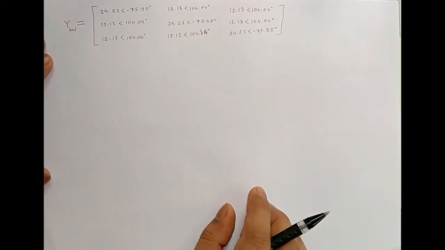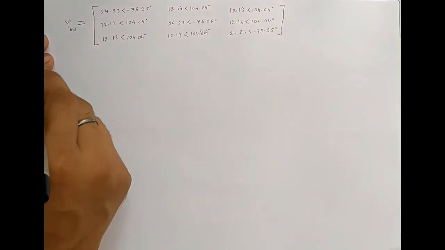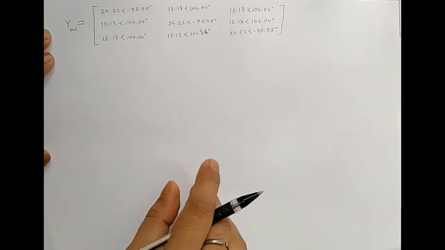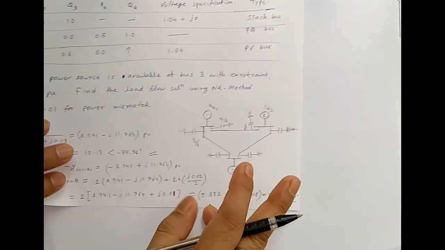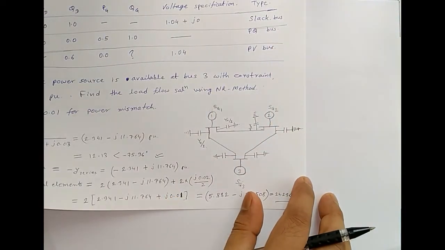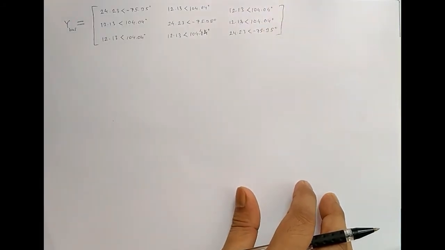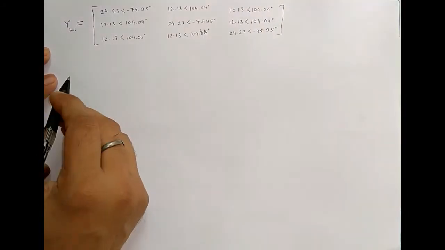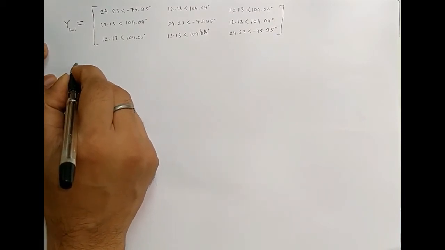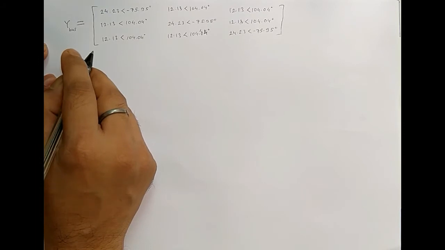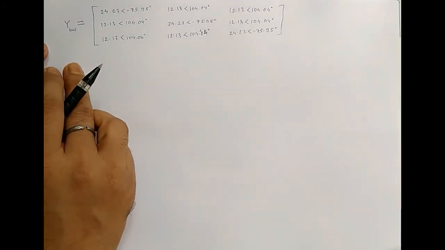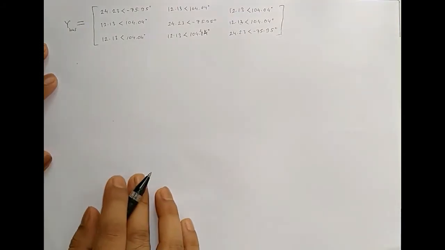Now the main steps of the Newton-Raphson method. First of all, since it is given that there is only one PQ bus and one PV bus in the system, we have to assume delta for both PQ and PV bus, and V for only the PQ bus.